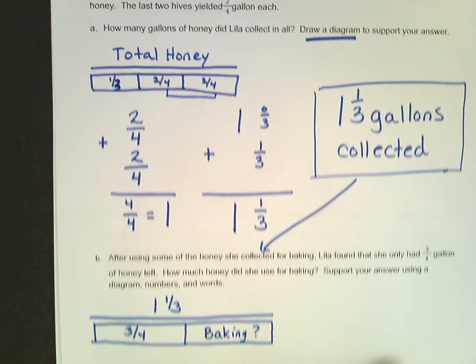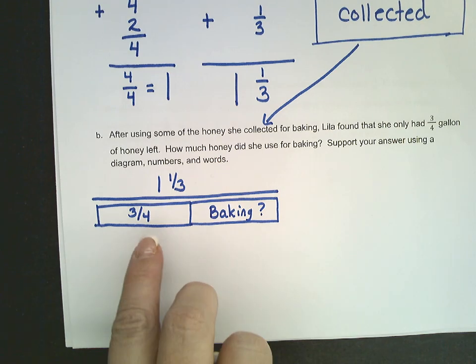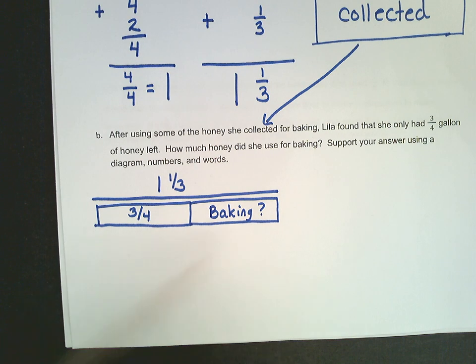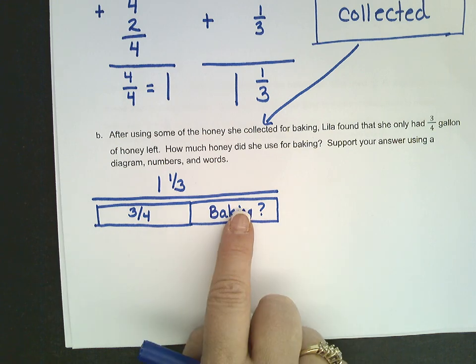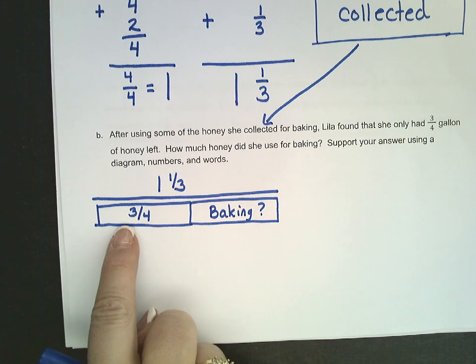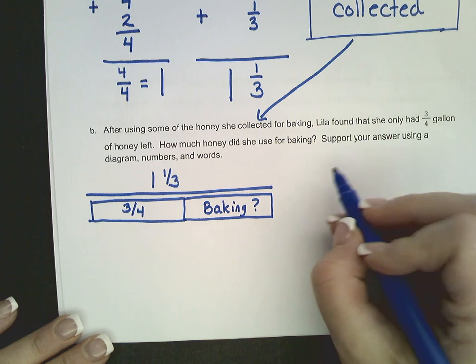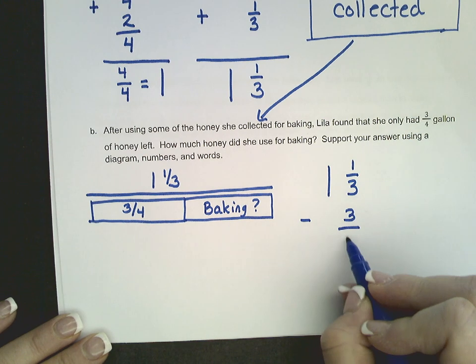So if I look at this tape diagram, I can see that if I would add baking and 3/4 together, it would equal 1 1/3 gallons, the total that she had. But in this case, I am missing one of my parts, so therefore I need to take my whole and subtract my part to get my other part. So I'm going to do 1 1/3 minus 3/4.